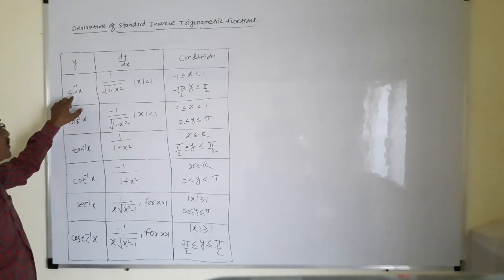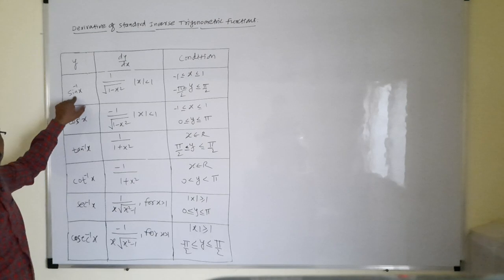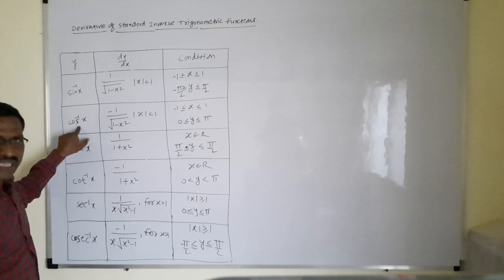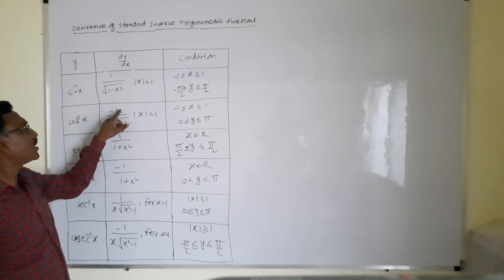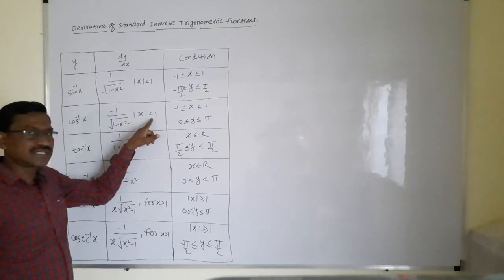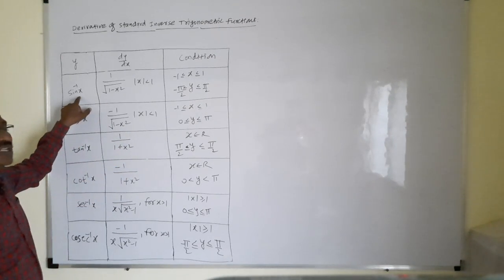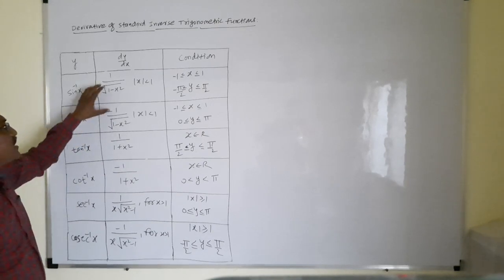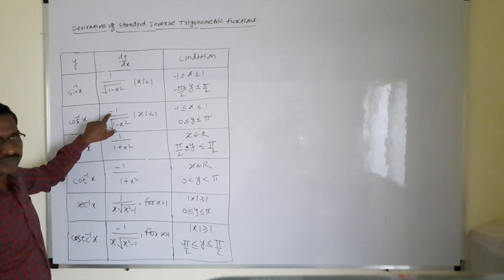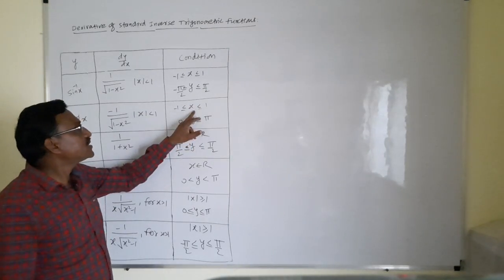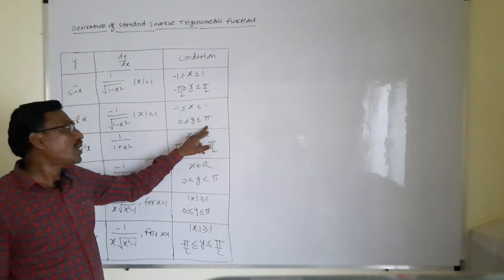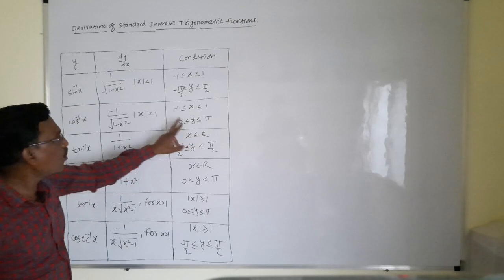The remaining one is cos inverse x: its derivative is minus 1 upon root of 1 minus x square, modulus of x less than 1. The derivatives of sine inverse x and cos inverse x are the same, the only change is the minus sign, and y is between 0 and pi.